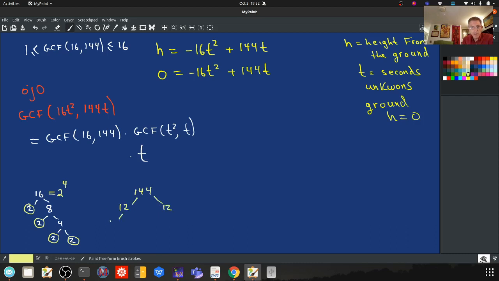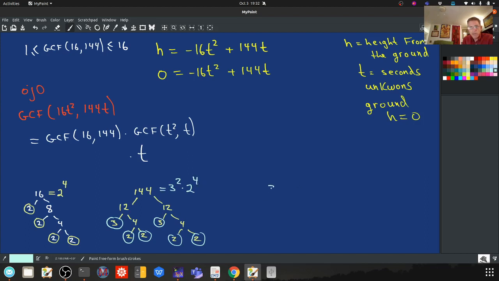Well, 12 is equal to 3 times 4, and 4 is equal to 2 times 2. So again, we just circle. Well, 144 then is equal to 3 squared times 2 to the 4th.